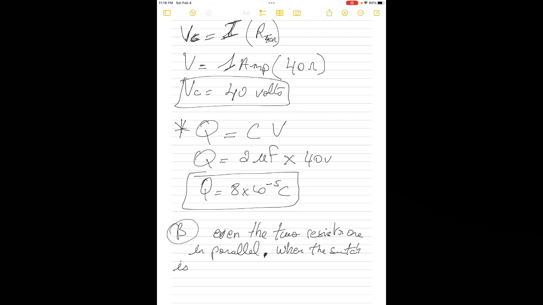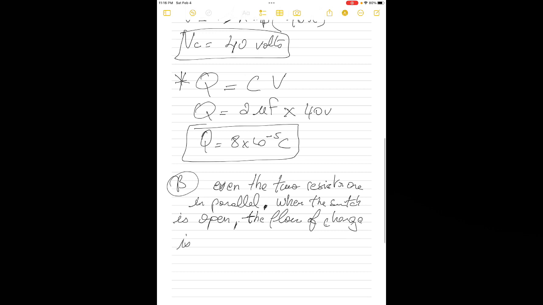So when the switch is open, the flow of charge is going through the 40 ohms and the 10 ohms.